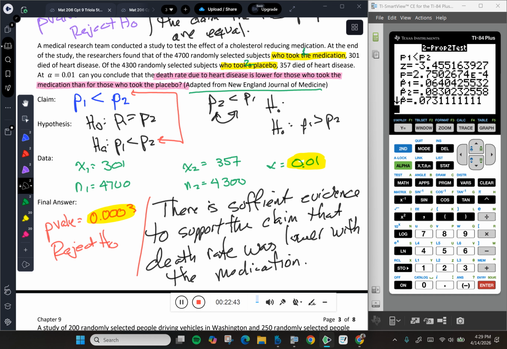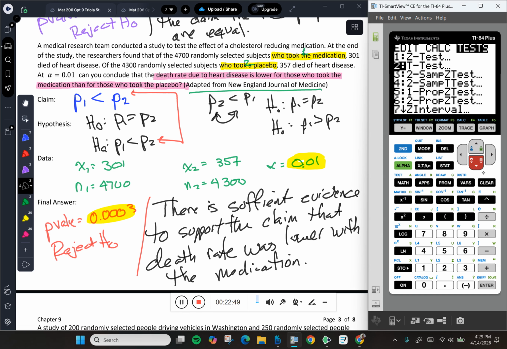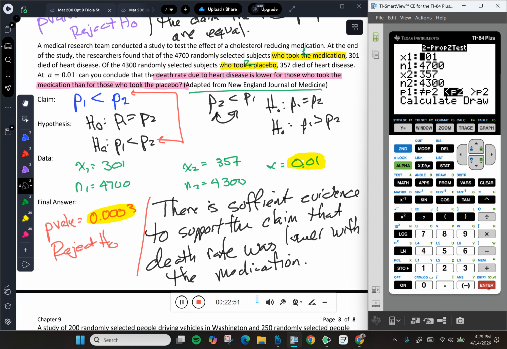Your null would still be the same, that P1 is equal to P2. When you ran your test, you would just flip-flop all the data, meaning this would be 357, this would be 4,300, this would be 301, this would be 4,700. You'd select that option, because you're doing that.